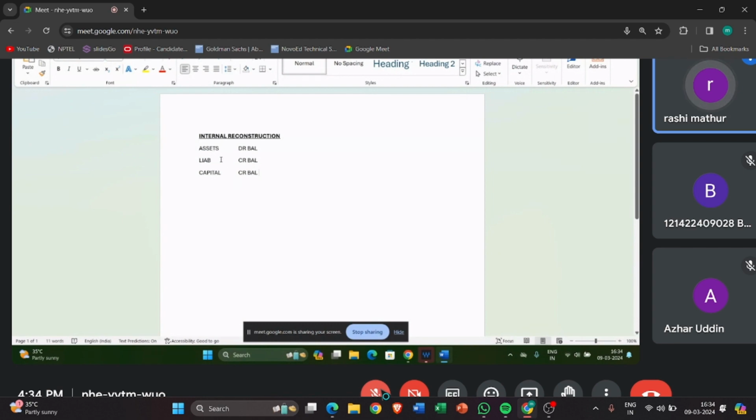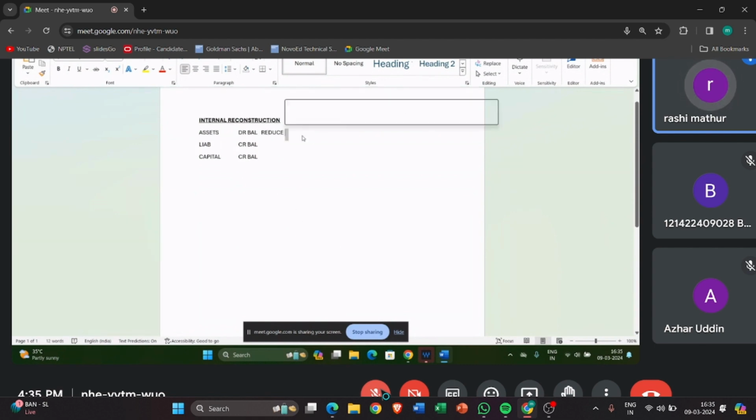Now this company which is going in for internal reconstruction is having a lot of fictitious assets. That is, the losses are so high that it has to reduce them. It has to write off these fictitious assets, and these fixed assets and current assets are all at high values. You did not bring them to correct values.